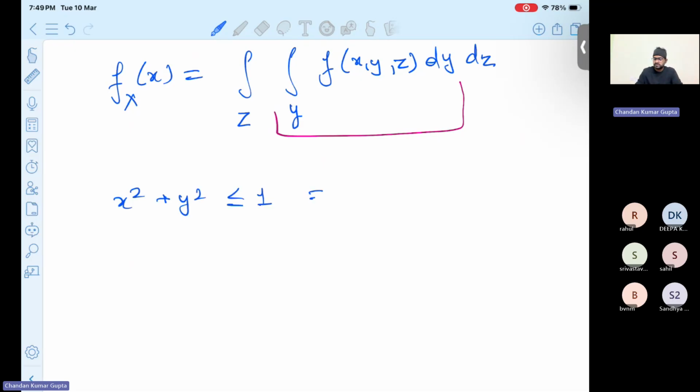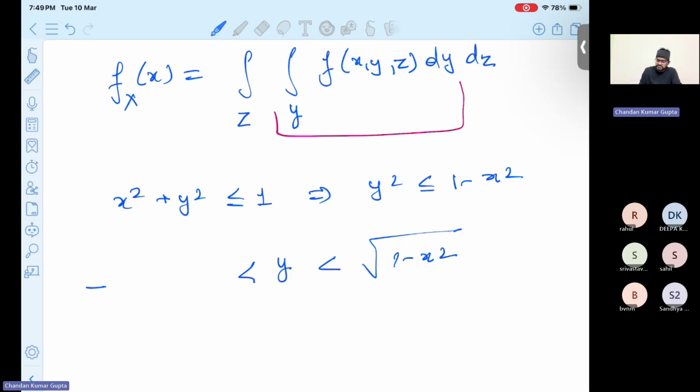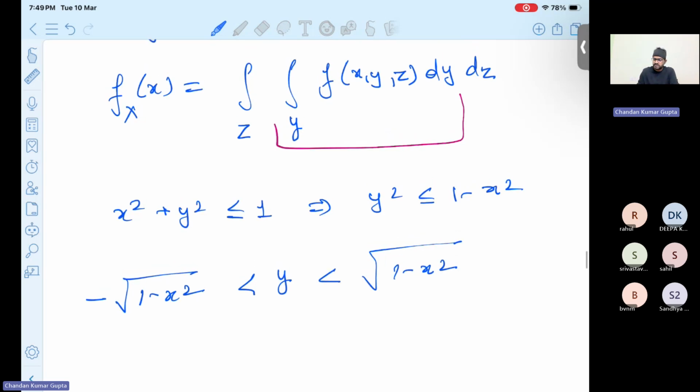So from there, y square less than or equal to 1 minus x square. Okay, from this point, y comes out to be under root of 1 minus x square, and this is minus times of under root of 1 minus x square. The limit of y comes out to be this. Okay, up to this point.